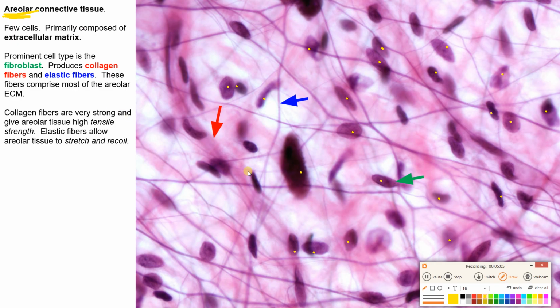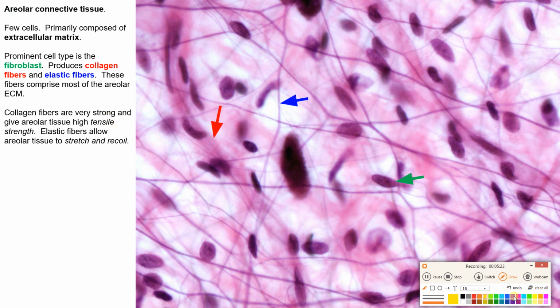And because there is not a great density of cells here, it makes sense that it's composed of stuff outside of cells, so mostly extracellular matrix. And I can see fibers here.